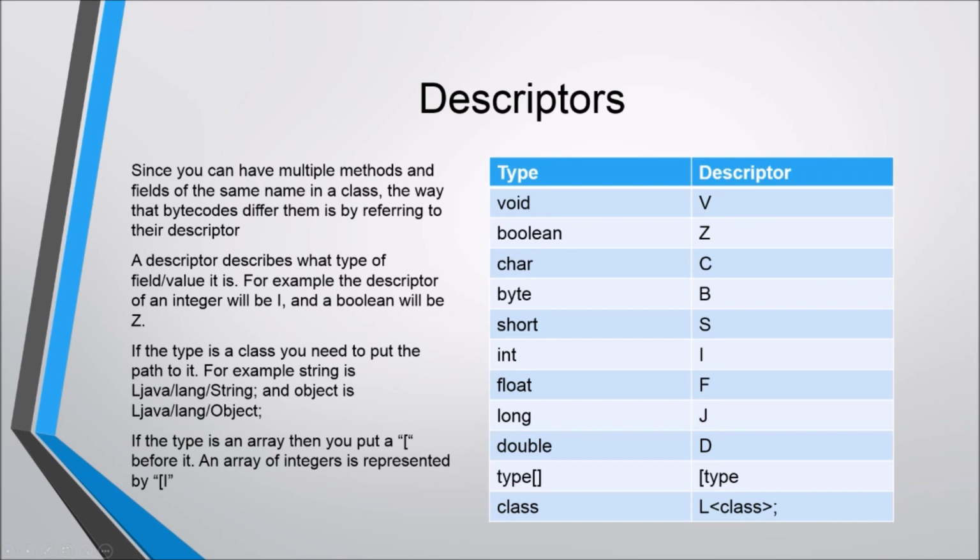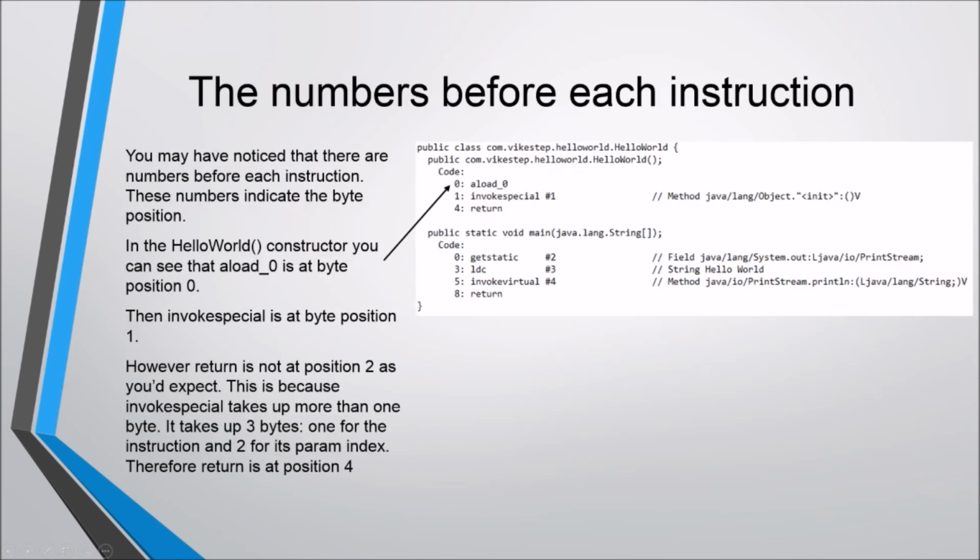Okay, so descriptors. As you can see back here, after the invokespecial, for example, you'll see the method java/lang/Object.init, and after the semicolon, you've got something that's called a descriptor.